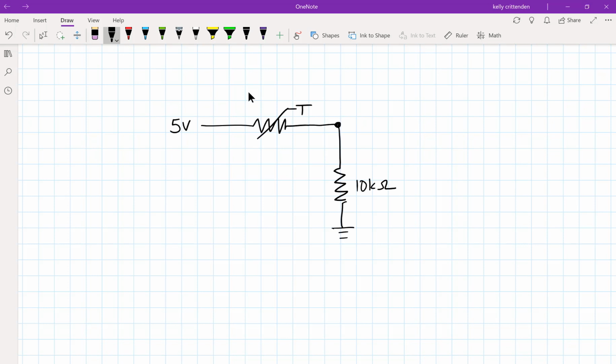So the voltage divider is just 2 resistors in series. That's all it is. And the divider part is basically this 5 volts gets divided between, some of it goes in the first resistor and some of it goes in the second resistor. And the sum of those two is 5 volts. And so the 5 volts gets divided somehow. If they're both equal, if they're both 10,000 ohms, then it gets divided evenly.